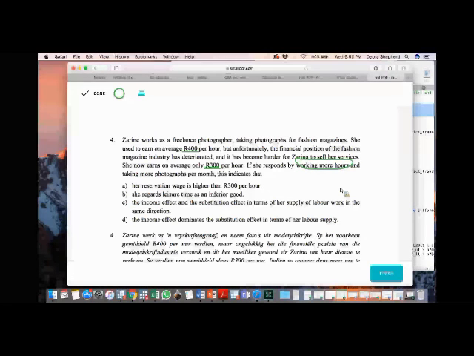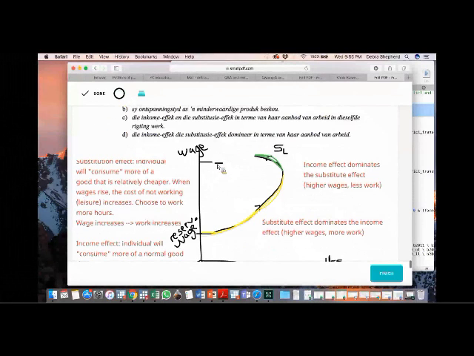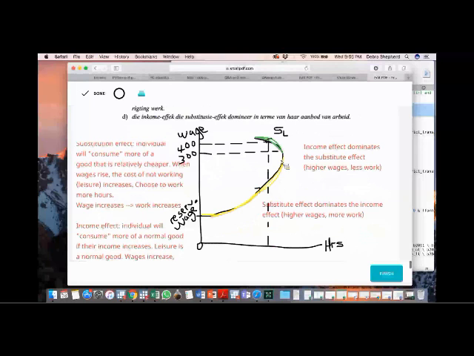So if we go to the picture, and if this is where 400 Rand was, and now her price that she could charge per photograph went down to 300. That is the only way that a lower wage could have caused her to increase the amount she works.